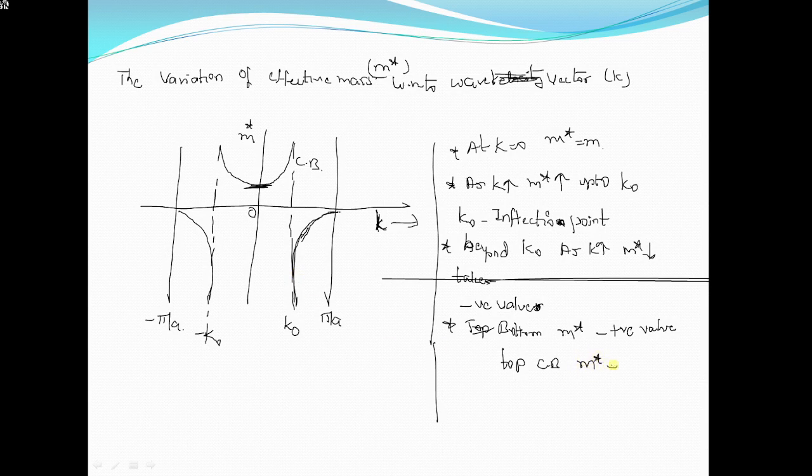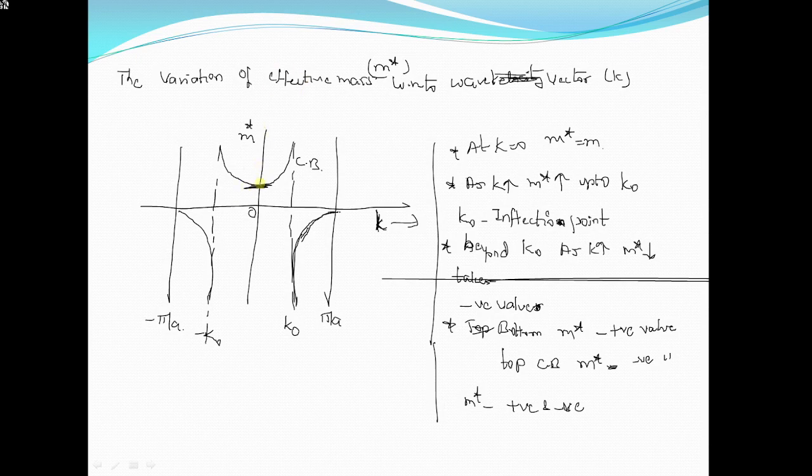So m star is taking negative value. So effective mass can take both positive and negative values. This is the variation of effective mass with respect to wave vector.